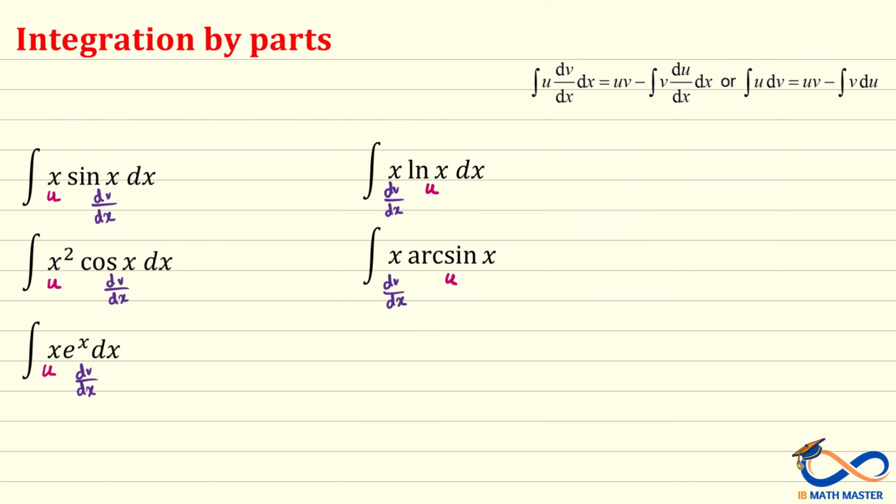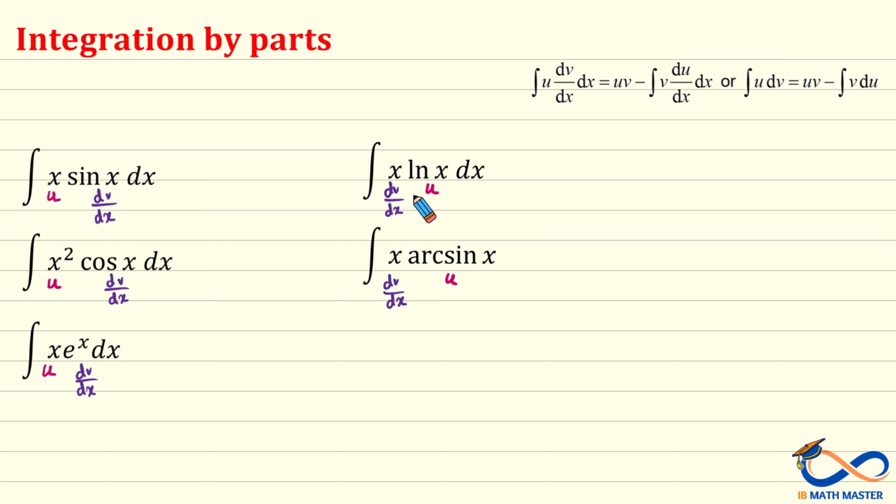So how do we assume correctly? Generally, when you have an algebraic function, like x or x squared, multiplied by sine or cosine, or even e to the x, we assume the algebraic function to be u, and sine or cosine or any form of e to the x would be dv over dx.